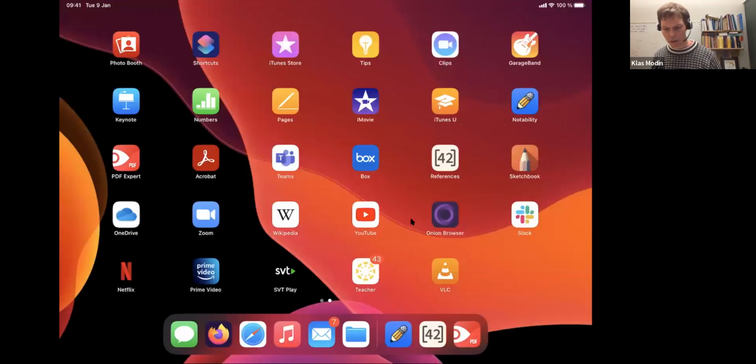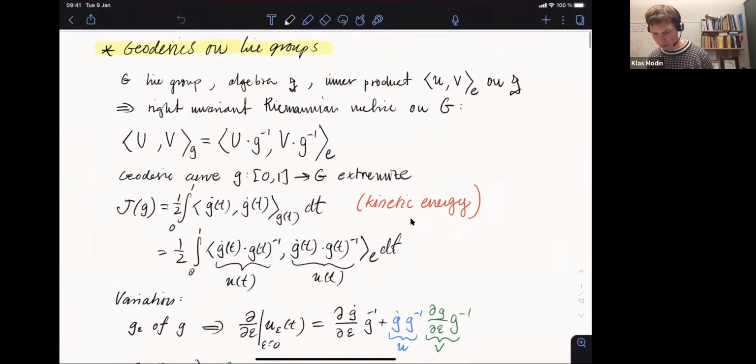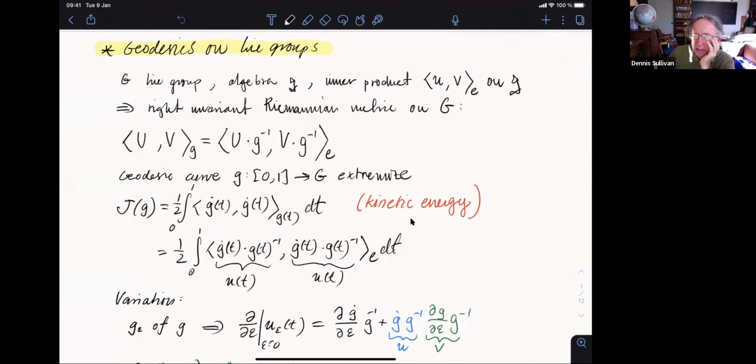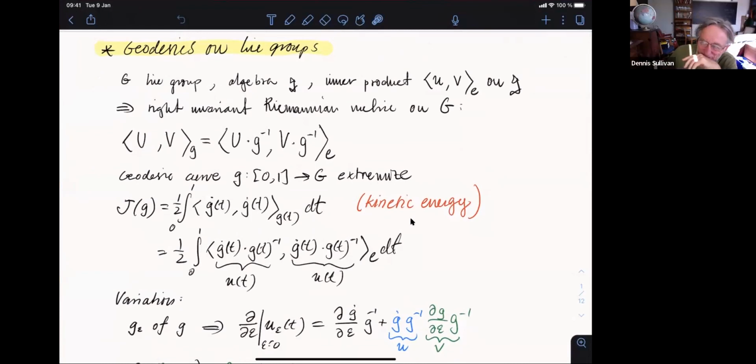Oops, that's wrong, sorry. Cable. Okay, do you see my iPad? You can see the screen, right? Yes. Okay. I like pictures better than formulae. Maybe I'll go back to the pictures. I'm just kidding.